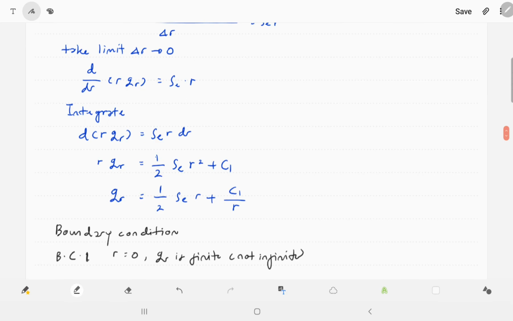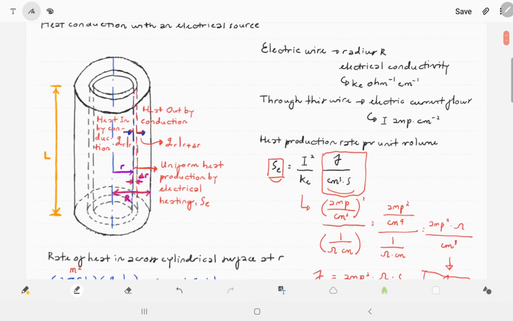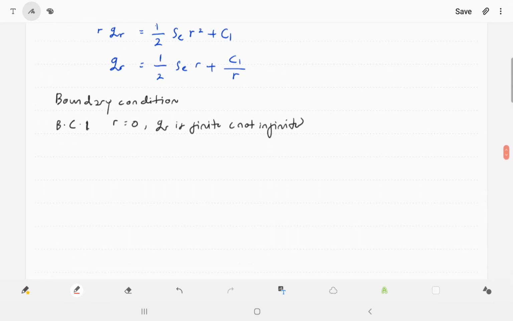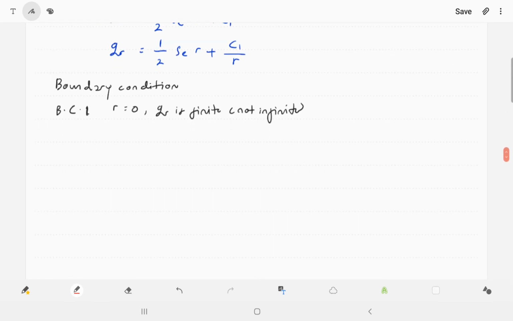So what we mean in here is that at this particular position in the axial, or if I draw for you clearly at this particular position, at the center of your cylindrical radius, the value of your q_r cannot be infinite, so it has to have a finite quantity.